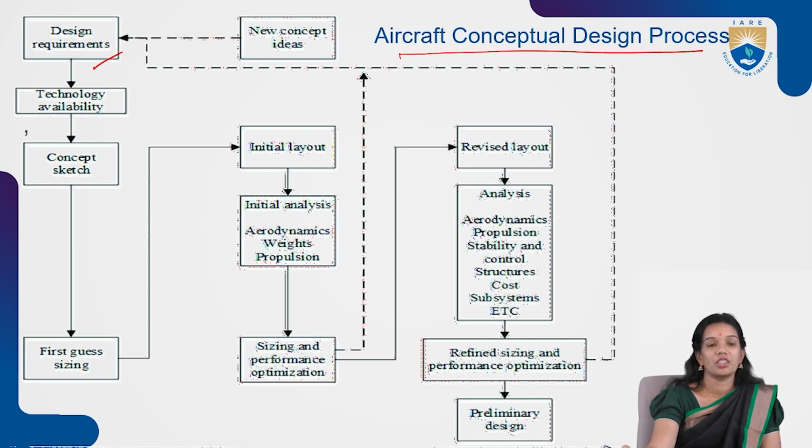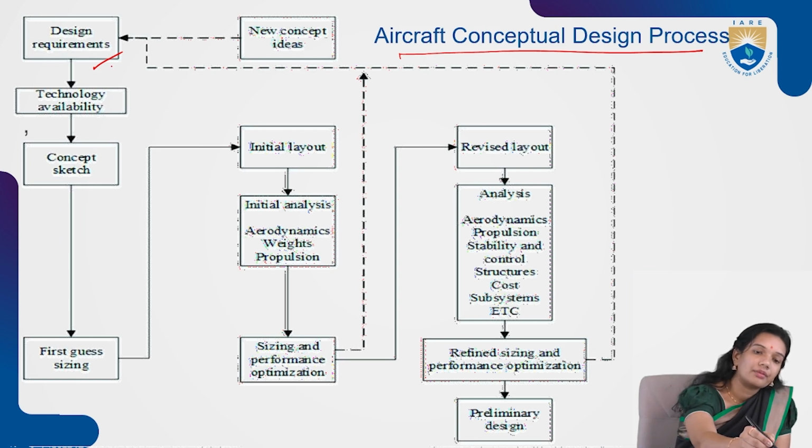The customer is going to give me the requirements, or a company is going to generate the requirements, guessing that these are the future customer specifications. So that would be the first thing.